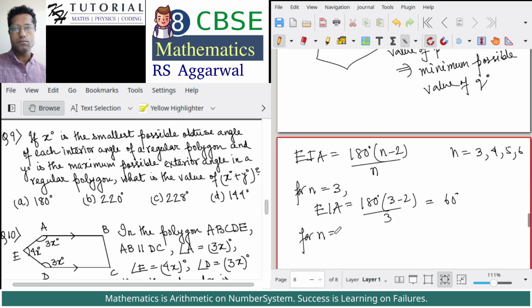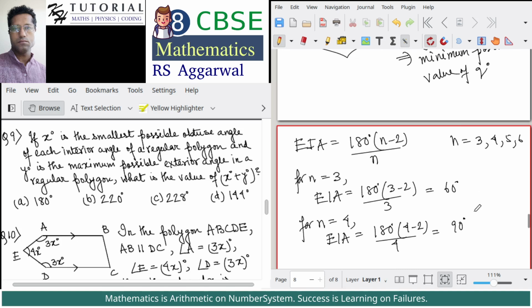For n equals 4, each interior angle is 180 degrees times (4 minus 2) divided by 4, which is 90 degrees. So as we increase n, each interior angle is increasing.